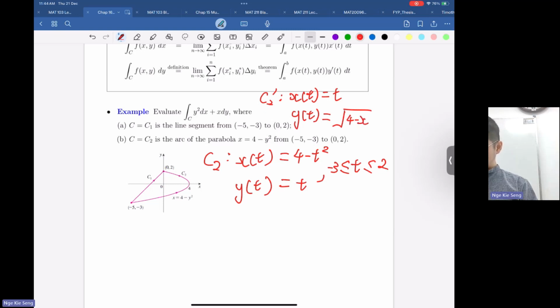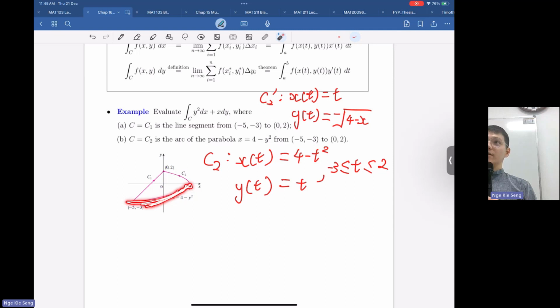It's the negative square root of 4 minus x. Is that right? Yes. Actually, there are two parts of it, because minus is just the bottom part.